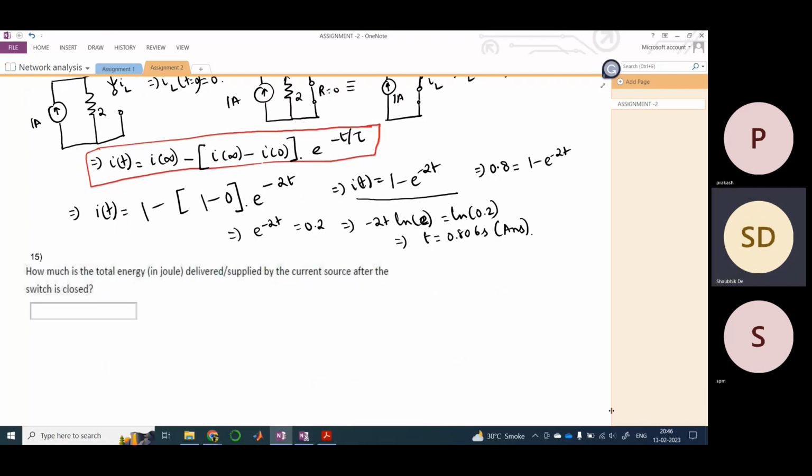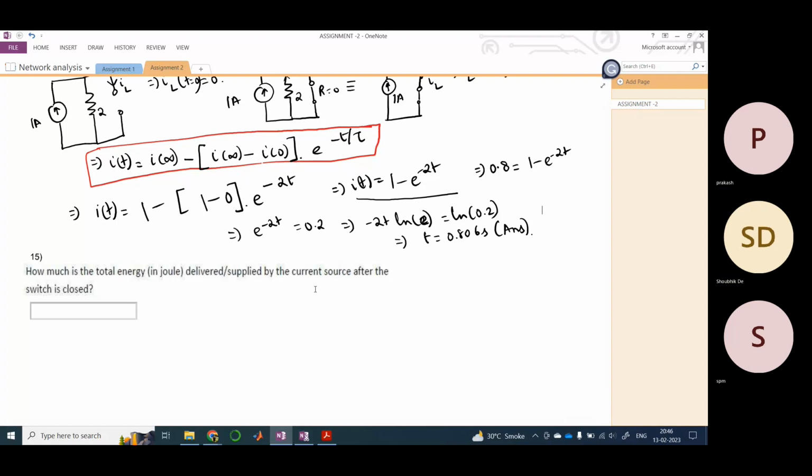The final problem now left. So, how much is the total energy in joule delivered or supplied by the current source after the switch is closed? Okay, so total energy in joule, right?